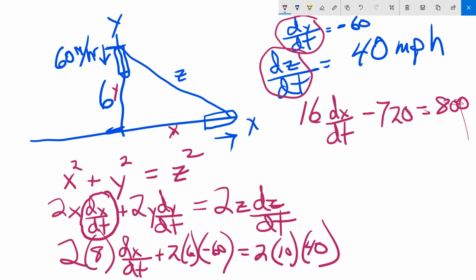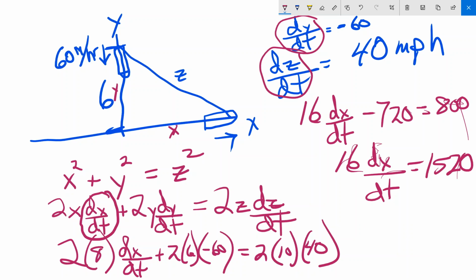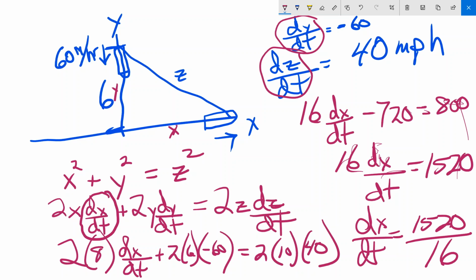Oh. Yes, that is 800. Okay. So dx/dt equals 1520 divided by 16, which is 95 miles per hour. Okay.